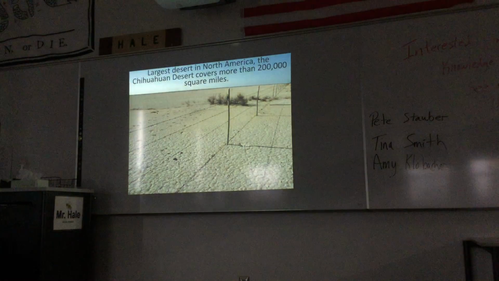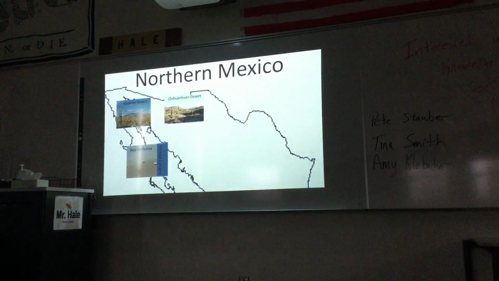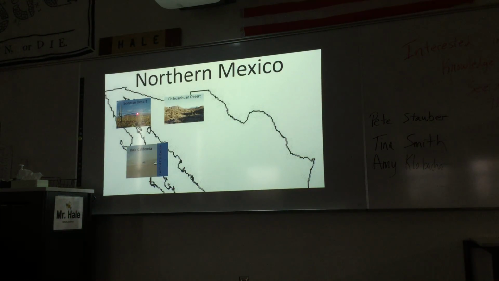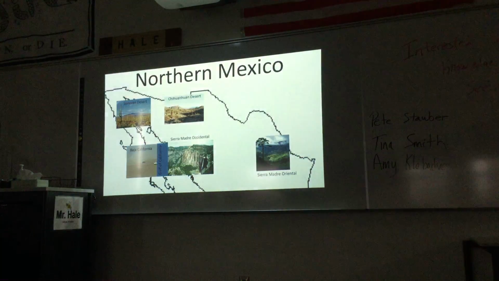And the Chihuahuan Desert is the largest desert in North America. It covers somewhere around 200,000 square miles. So, hottest, most biodiverse in North America, largest in North America, 200,000 square miles.